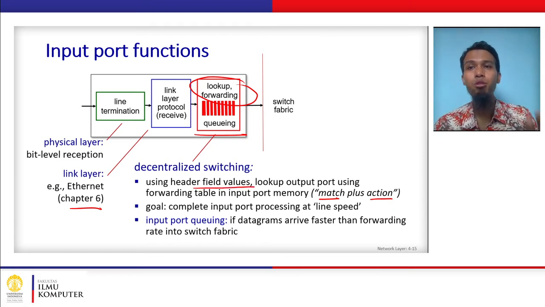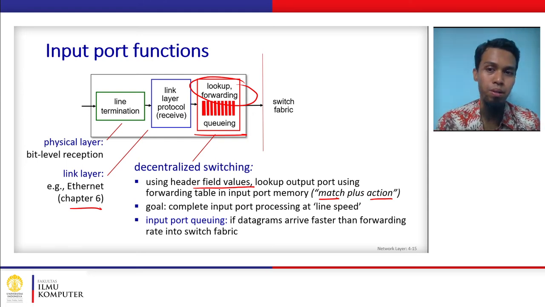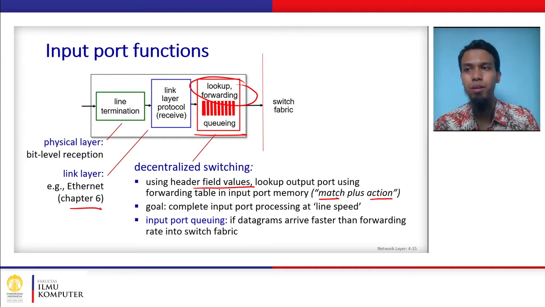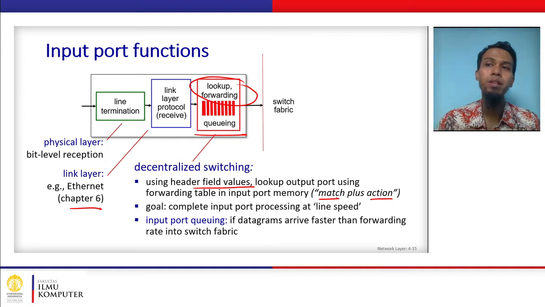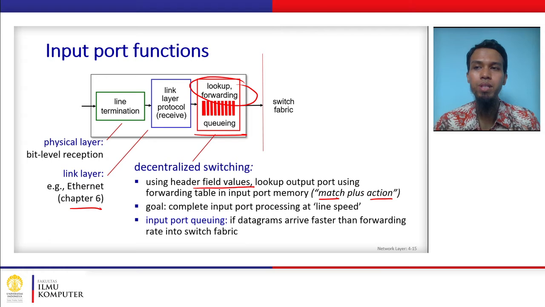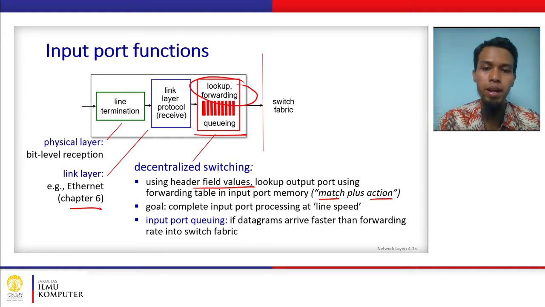The most important value is the destination IP address, though it can be any field, but we'll talk about that later with destination-based forwarding. We look at the forwarding table, and when we find the right match, we do the next action, the forwarding: we forward this incoming packet with, for example, this destination IP address to the specific outgoing port. So this is lookup and forwarding, or match and action.